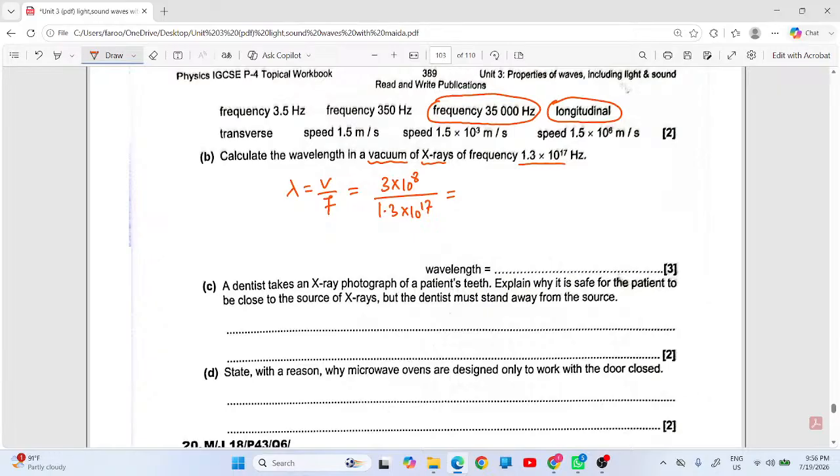So lambda equals v over f, and the answer is 2.3 times 10 to the power minus 9.